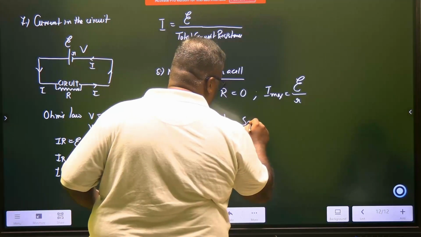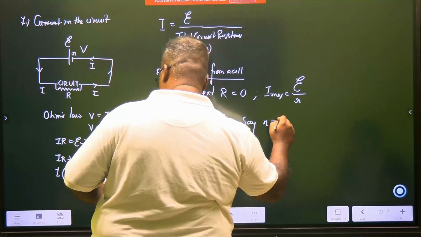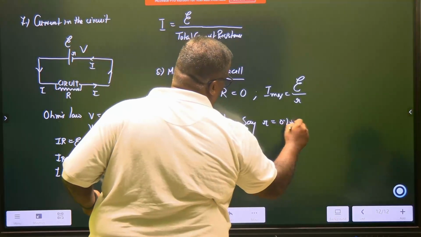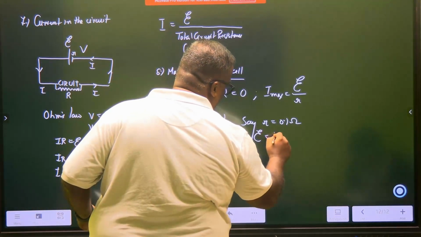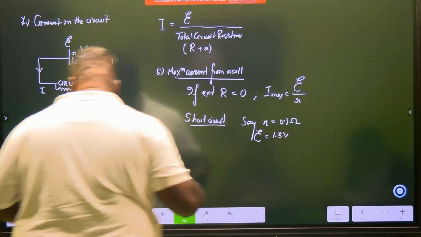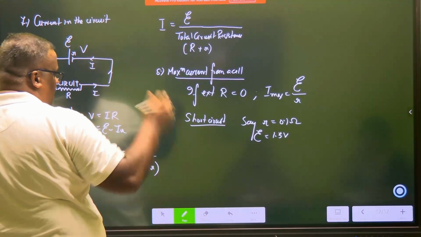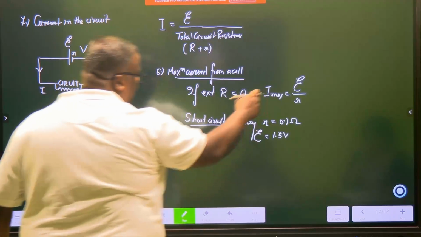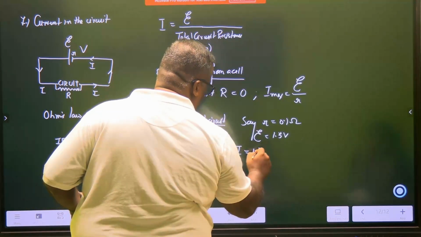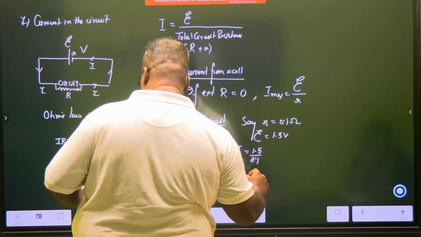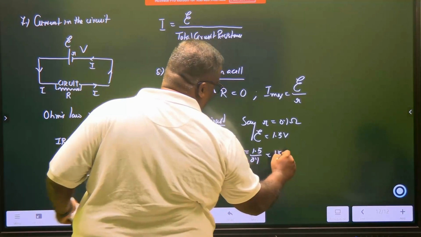So let's give you a small example. Say r is equal to 0.1 ohm, very small internal resistance, and the EMF is equal to 1.5 volt, comparable to a cell that you buy in the market, and you short circuit it. That is the maximum current. Let's see what is the maximum current. It is 1.5 divided by 0.1, which is 15 ampere.